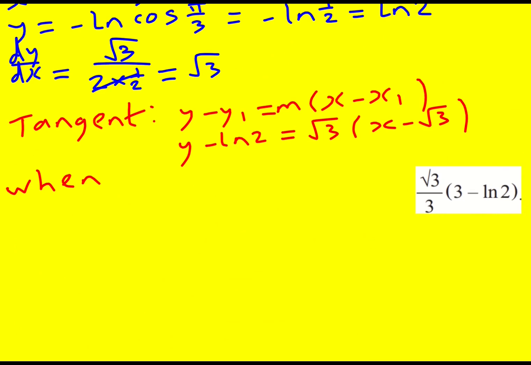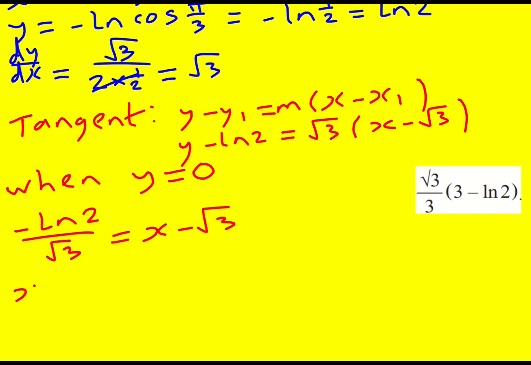So when y is equal to 0, that's when it crosses the x-axis, minus ln 2 is going to equal this, so I can divide by root 3. So x is going to be root 3 minus ln 2 over root 3.